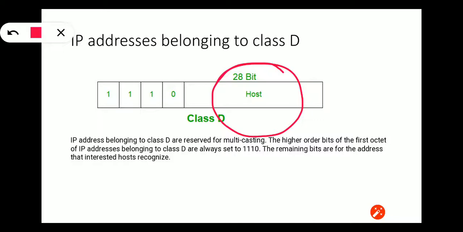The higher order bits of the first octet of IP addresses belonging to class D are always set to 1110. And this class is reserved for multicasting.